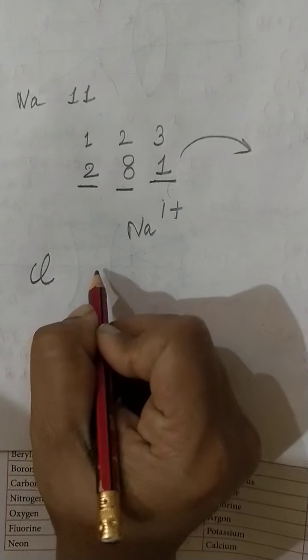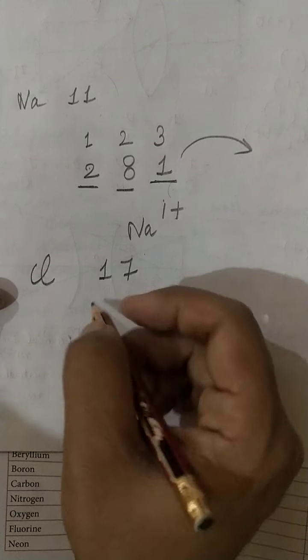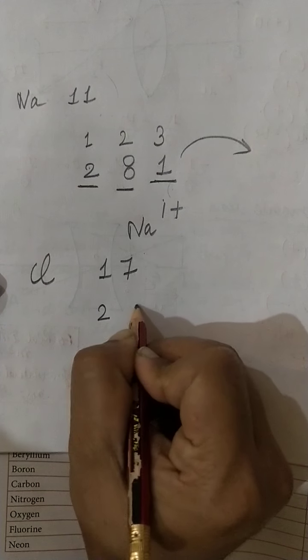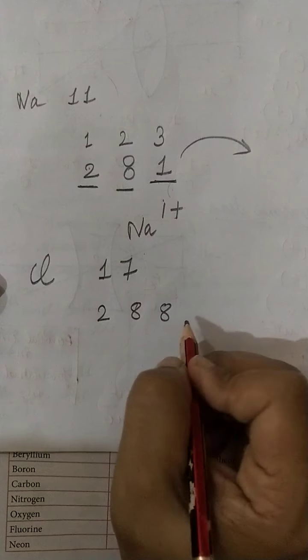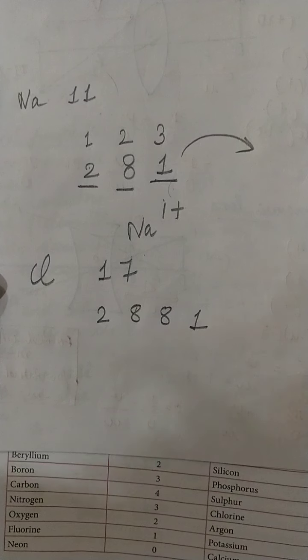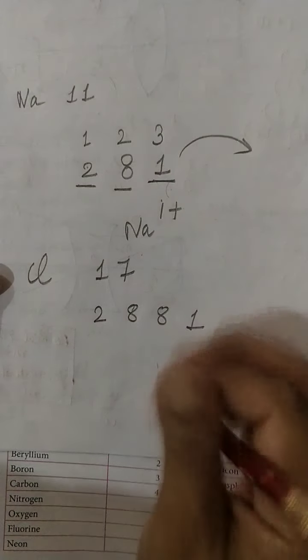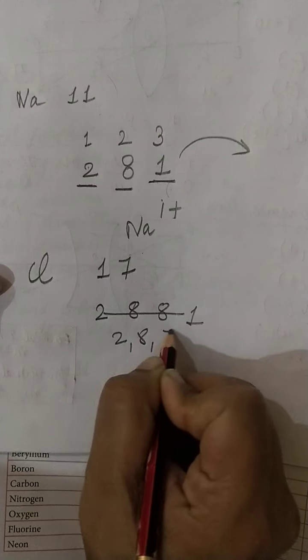Same with chlorine. Atomic number of chlorine is 17. So how many electrons are there? 17. Now we divide the electrons in the shells. 2, 8, 8. How many are left? 1. No, sorry. This is 7. 2, 8, 7, 17.